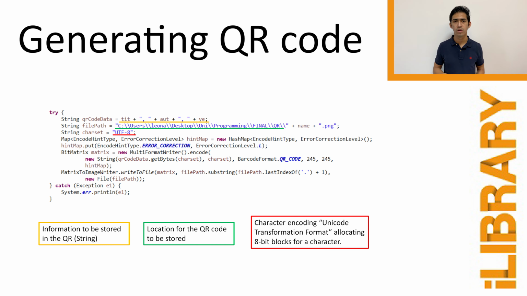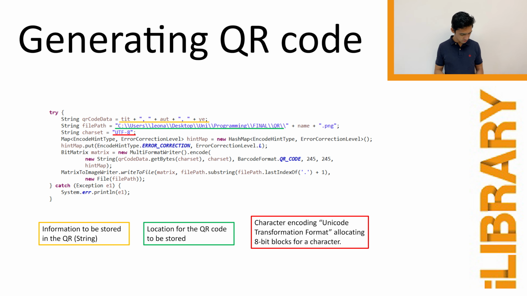As I said before, it will be only one string. For this, we have defined the title, the author, and the year, as we saw before in the code. And the file path is just the location where you want to save these QR codes after they are generated. In this case, it's just a local address on my computer.